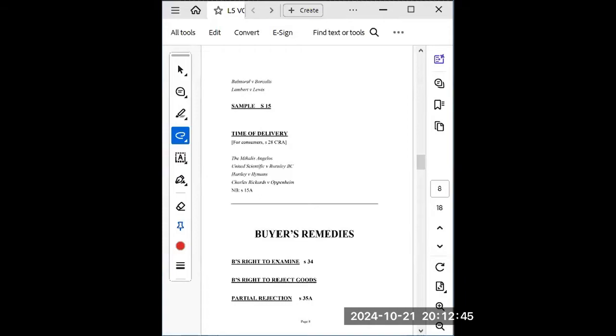This is true even if the reason why the buyer wants to reject is because the price of the goods has just gone through the floor and the buyer just wants a way out of the contract.